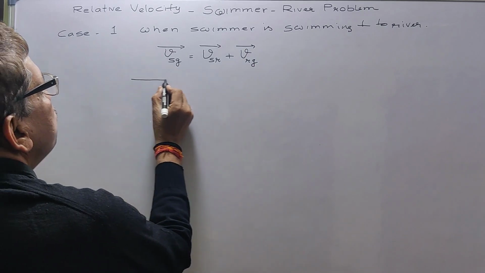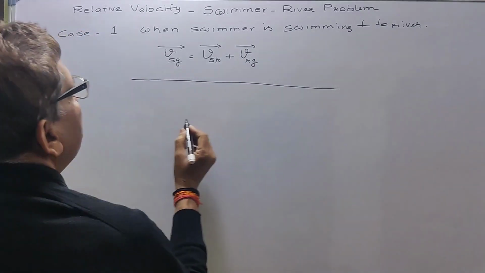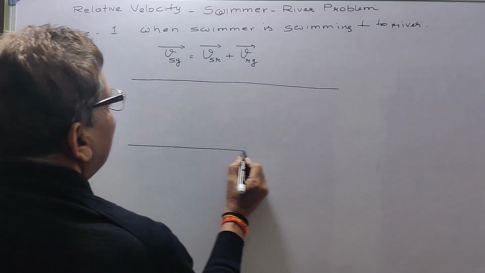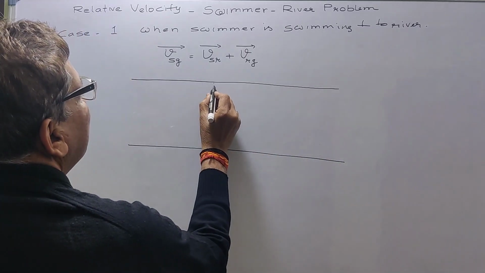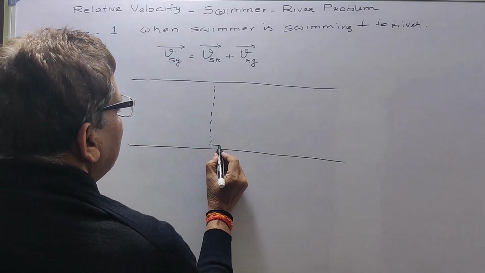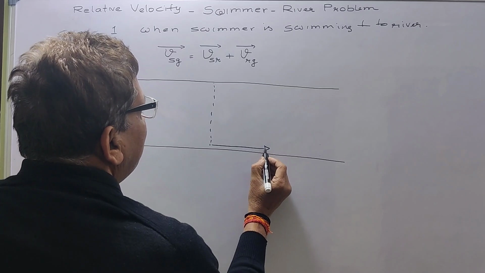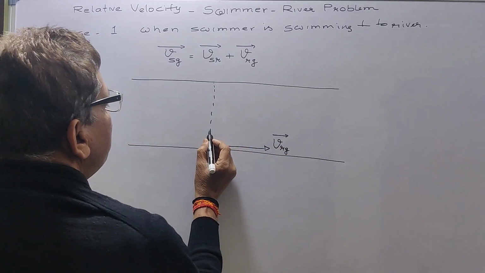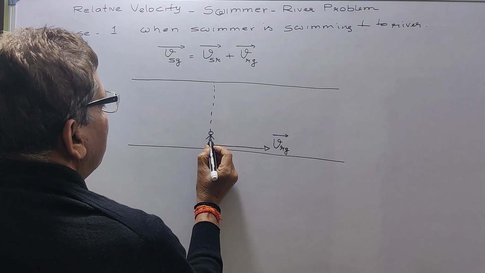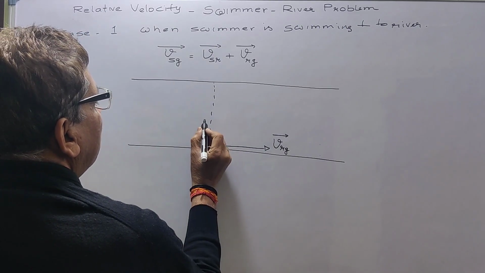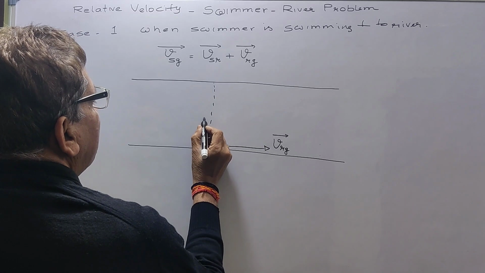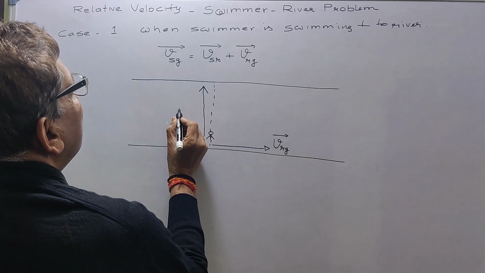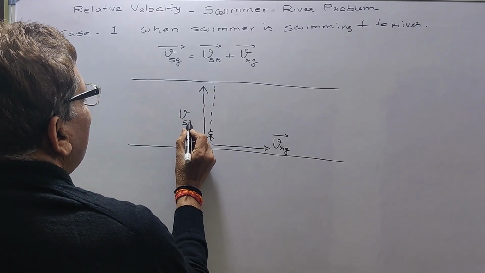Suppose the swimmer starts swimming perpendicular to the river. Let us take the river is flowing like this. This is the river velocity, I can say VRG, right? And swimmer starts swimming perpendicular to the river flow.